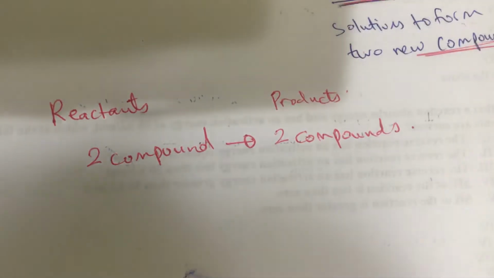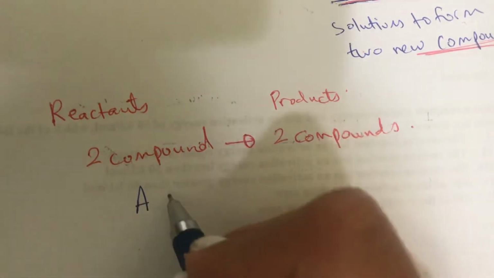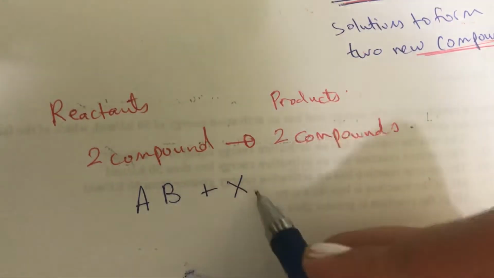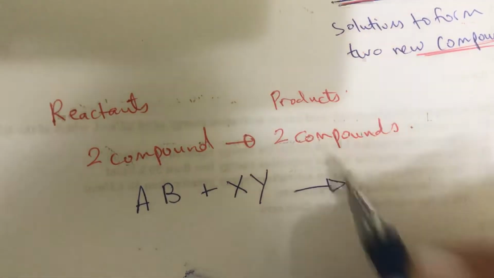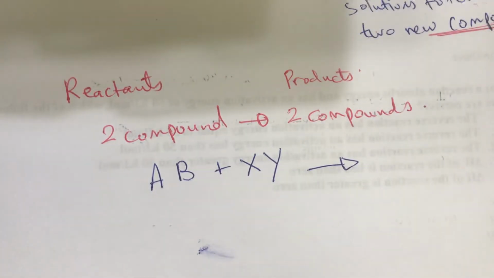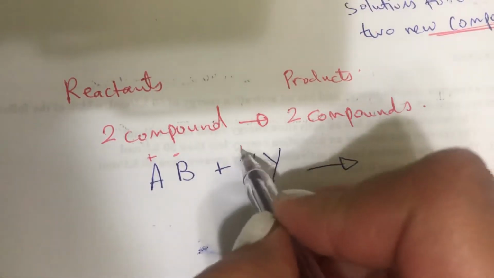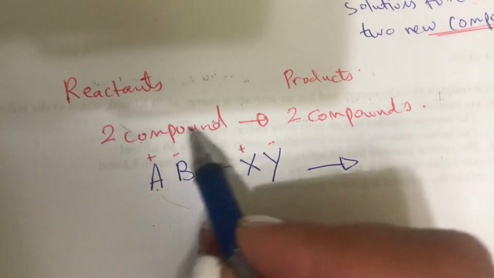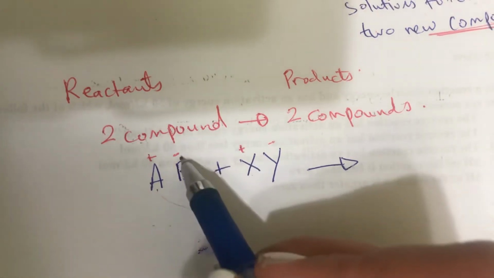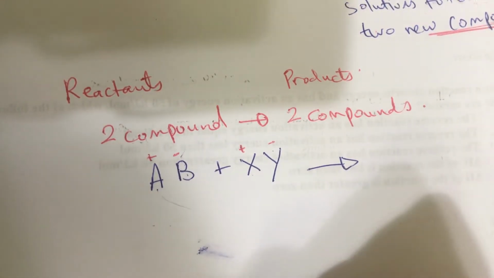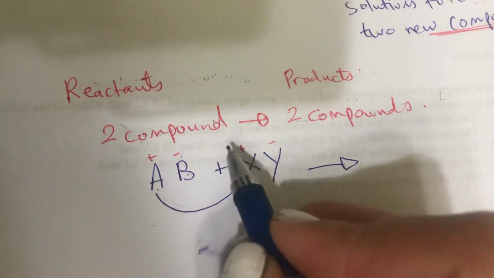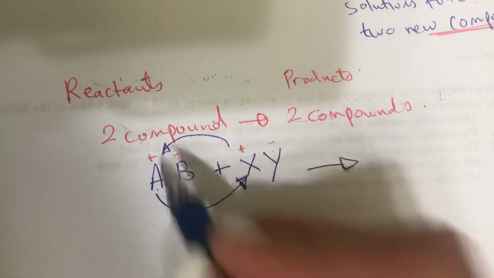For example, if you have AB plus XY, what are the products? A carries a positive charge and B negative, and here positive and negative. So A will replace X and X replaces A, or B replaces Y and Y replaces B.